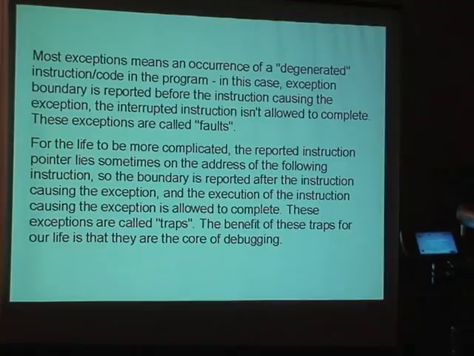This second type of exceptions is reported on the address of the following instruction, just after the instruction is completed. These exceptions are called traps. The benefit of these traps is that they are the core of debugging.